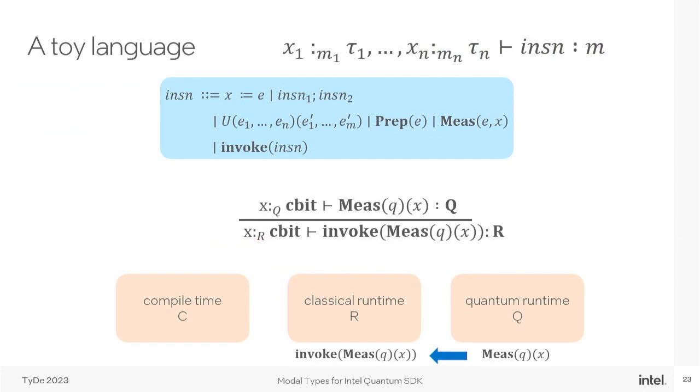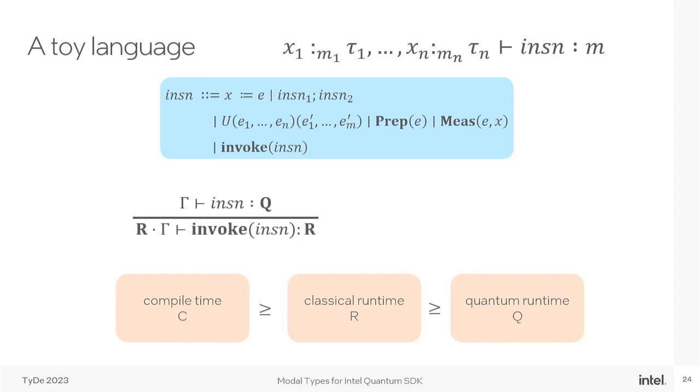Now, since the entire algorithm may involve more than one quantum kernel, we also include something I'm calling invoke, which basically promotes the quantum runtime instructions to the classical runtime. That is, it's invoking a quantum kernel. And when it does so, it also promotes all of the arguments, like this c-bit argument here.